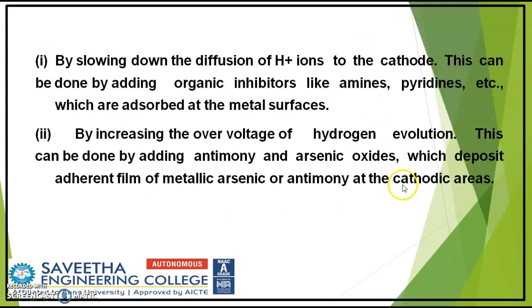This is reduced in two ways. The first is by slowing down the diffusion of H+ ions to the cathode. This can be done by adding organic inhibitors like amines, pyridines, etc., which are adsorbed on the metal surface. The next is by increasing the overvoltage of hydrogen evolution, and this is done by adding antimony or arsenic oxides, which deposit a thin film of metallic arsenic or antimony at the cathodic areas.